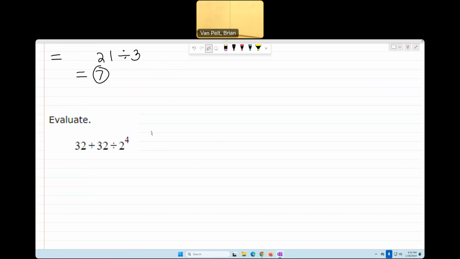Okay, so I mentioned the highest order of operation was the exponent, so I should do 2 to the 4th power first. We all agree on that. 2 to the 4th power is done first.